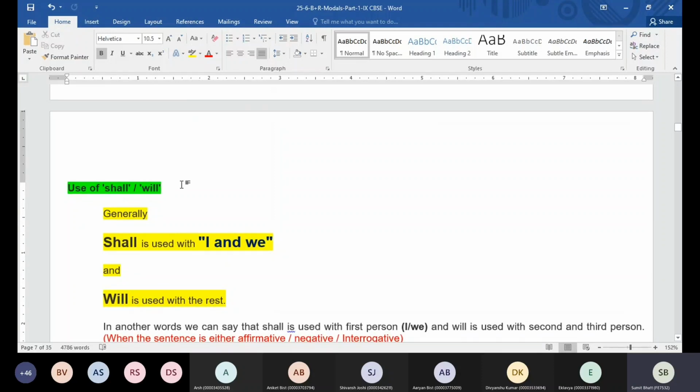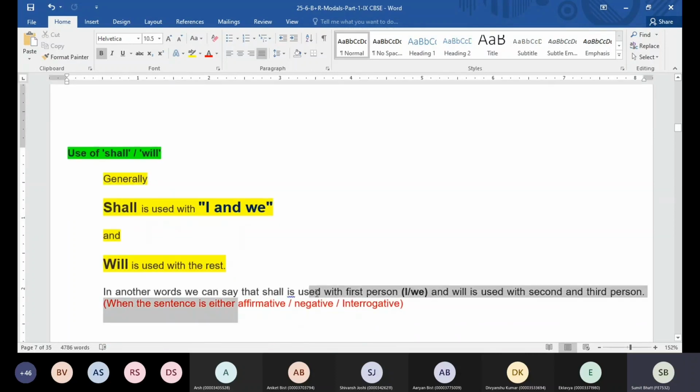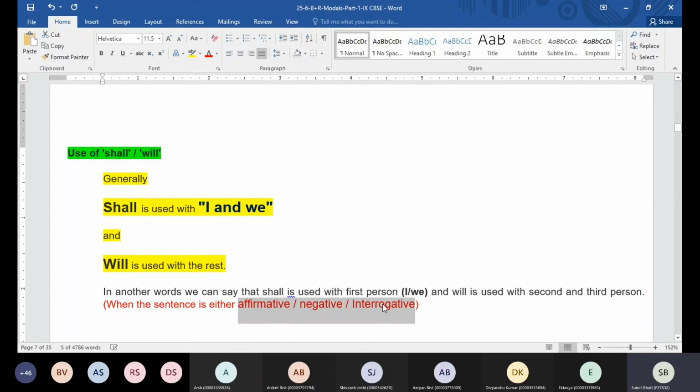So guys, when we have a general statement, if you have made a statement just for the sake of saying something, in that case shall is used with I and we, and will is used with the rest of the subjects. This is possible when the sentence is either affirmative, negative, or interrogative.